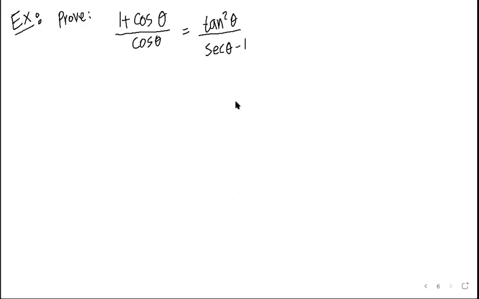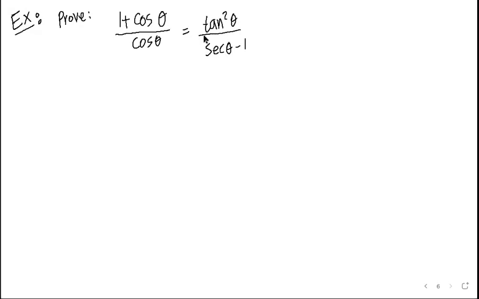Which side would you like to use? I think this is more complicated, right? The right hand side. Here you can use tan square plus 1 equals secant square. I can't do cross multiply.